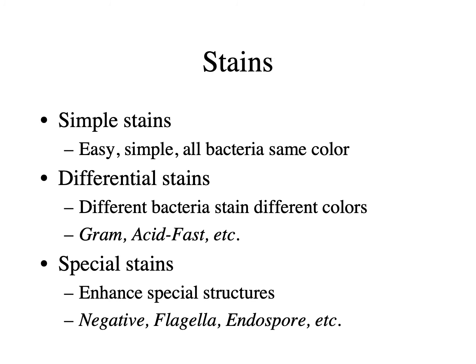There are a couple different types of stains that we're going to learn about in this class. Simple stains, you just put some color on it and then you can see it. It doesn't really tell you much, but at least you can see it. Those are not super useful in clinical settings, but it's a great place to start to learn how bacteria look in terms of their morphology, or their shape or their arrangement. The differential stains are more important, and these are going to tell you something about the bacteria based on the results, and some of those stains will be like the gram stain, the acid fast stain.